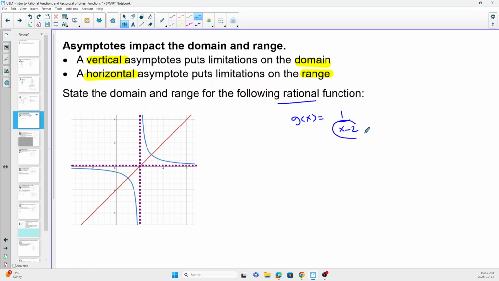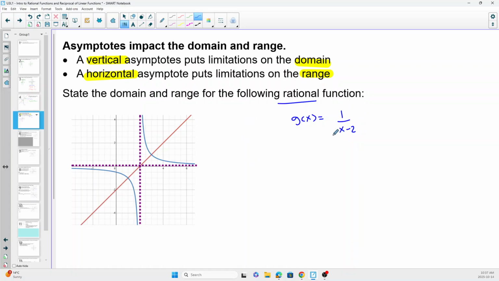And this here is what makes it a rational function, having some polynomial in the denominator. Remember, our definition of polynomials was that all the exponents on x had to be positive. This technically has a -1 exponent on it, and so that makes it not a polynomial and instead makes it a rational function.